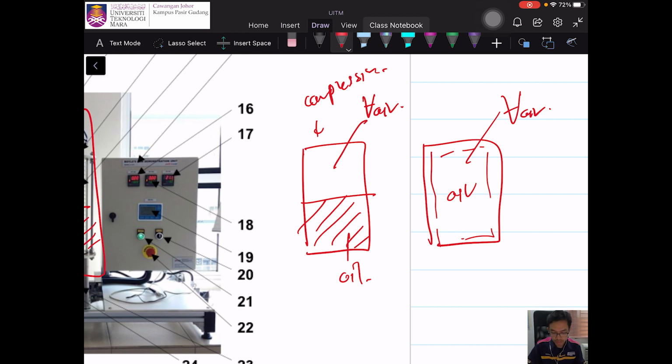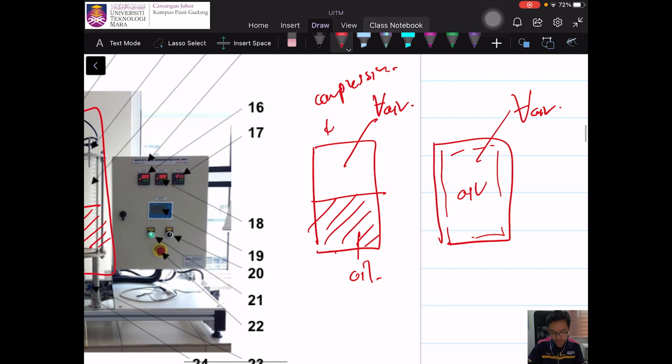And if you want to do the expansion process, we just bring the oil back out from the measuring cylinder, so that you have a higher volume of air. And then this we call the expansion process.